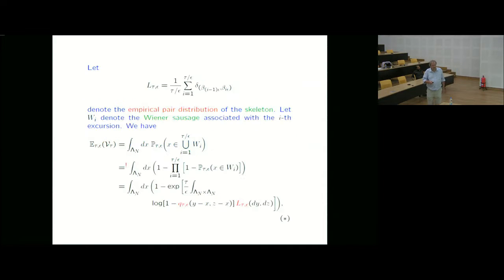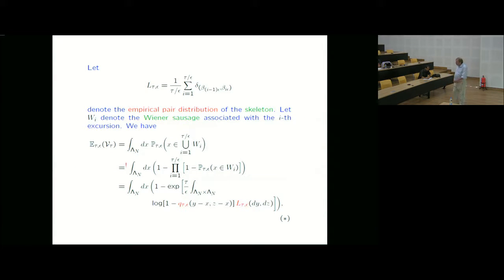So this logarithm actually will already become essentially linear. So we will soon get rid of this logarithm, and basically there will be a minus sign in front, the minus sign will go here, and you will just have an average of this standard Brownian motion function with respect to this empirical pair distribution of the excursions.